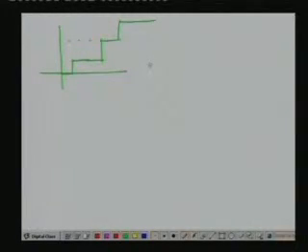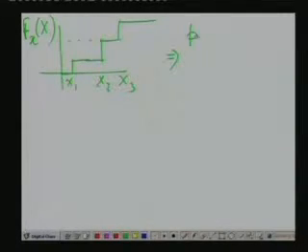For a function like this, let us once again draw. A function like this, x1, x2, x3 and things like this. This is for the probability distribution function. Corresponding Px should be like this.